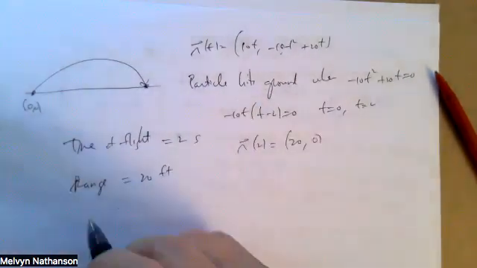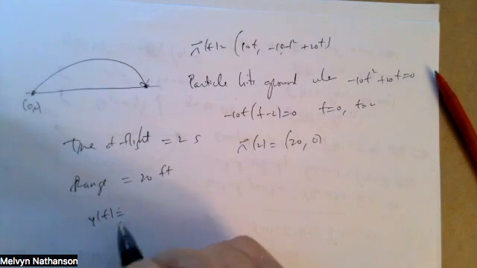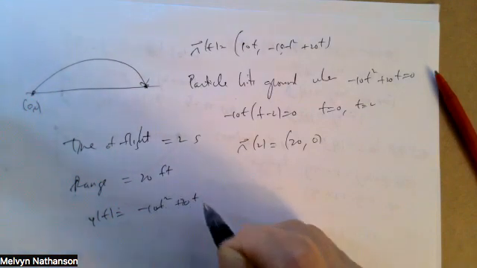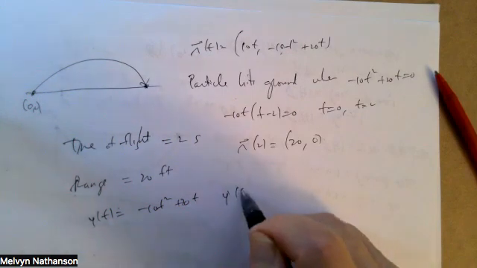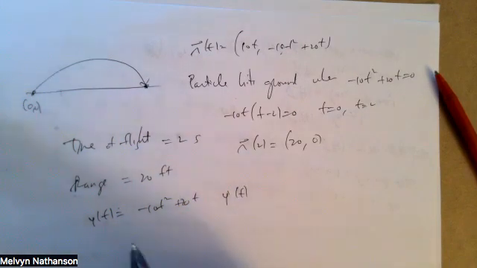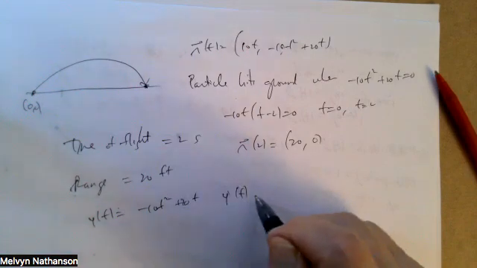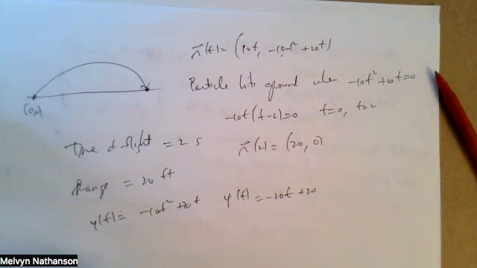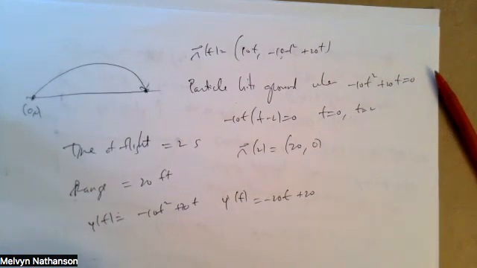And what is the maximum height? y of t is minus 10t squared plus 20t. How do I find the maximum? I differentiate and set the derivative equal to 0. The derivative is minus 20t plus 20.